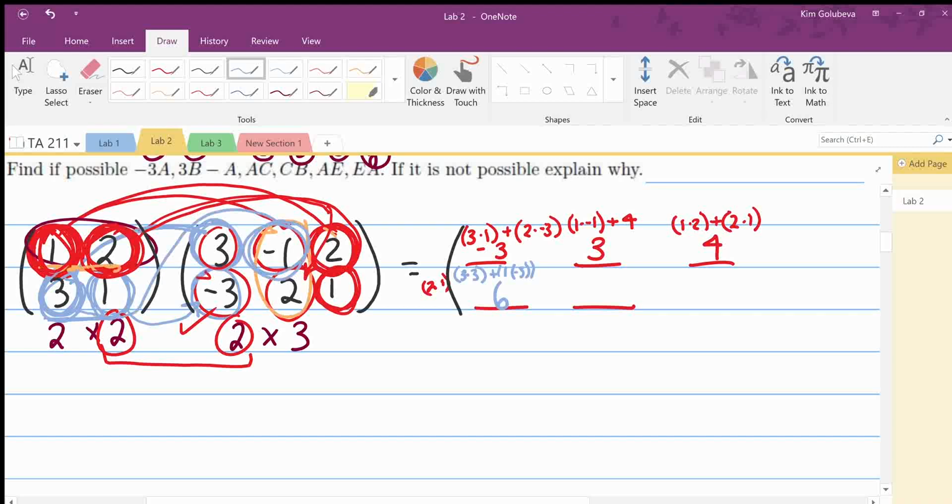Okay? So we have 3 times negative 1. And then we're taking this 1 and multiplying it by the 2. Plus 1 times 2. So we end up with negative 1. And last entry here is we're taking 3 and multiplying it by this 2 over here. So we have 3 times 2. And we're taking this 1 and multiplying it by this 1.